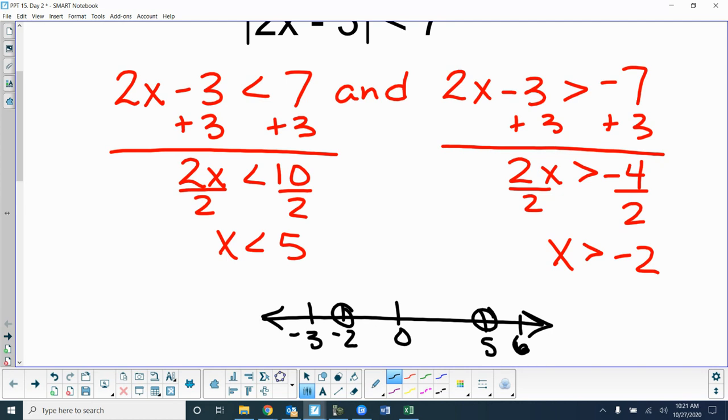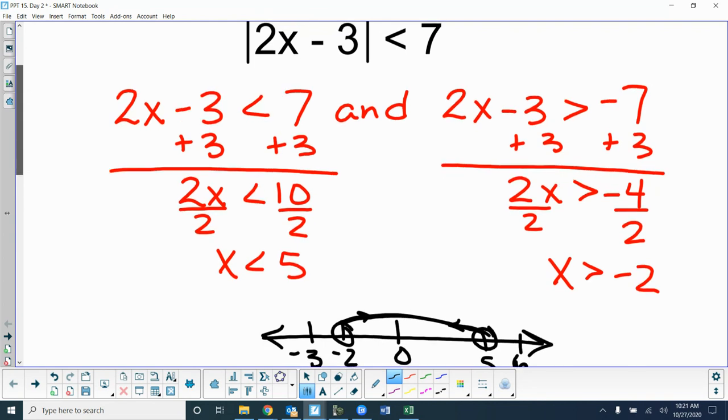Don't fill it in. All right, less than 5 would go this way, and greater than -2 would be this way, and it's an and. Remember the less than ones are ands, which means we're looking to see where they overlap. So all the numbers between -2 and 5 would work in that original inequality.